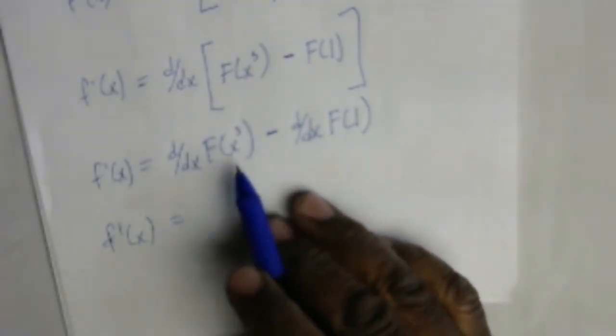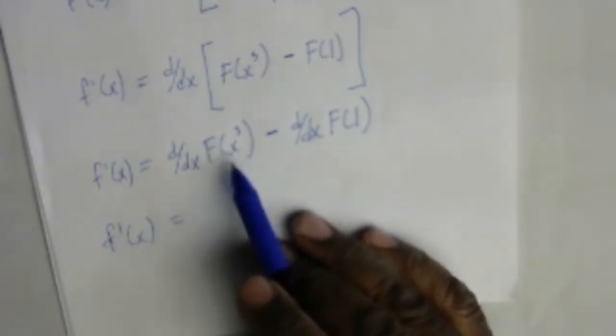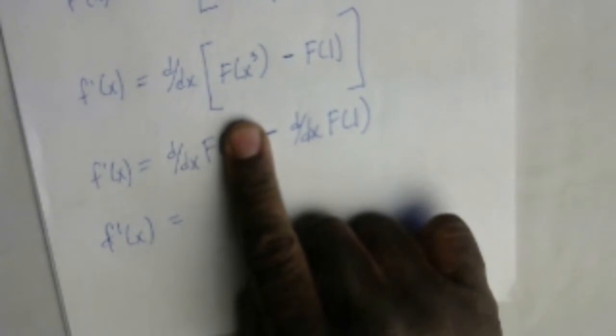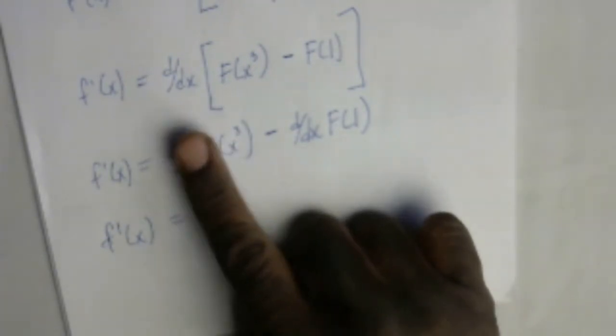So here, when we take the derivative, notice we have a composition of functions. We have an outermost function, which is capital F, and we have an innermost function, which is x cubed. So I'm going to use the chain rule here. If I take the derivative of the outermost function, the derivative of an integrated function gives you my function, which is f of x cubed.